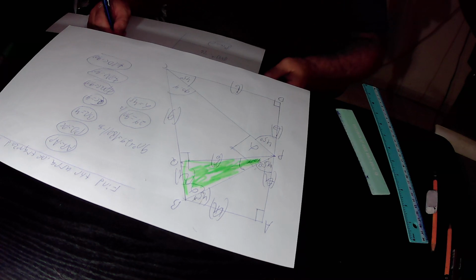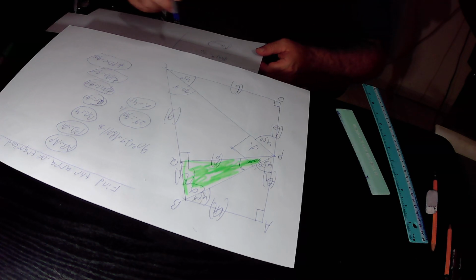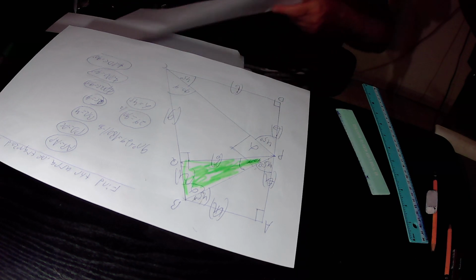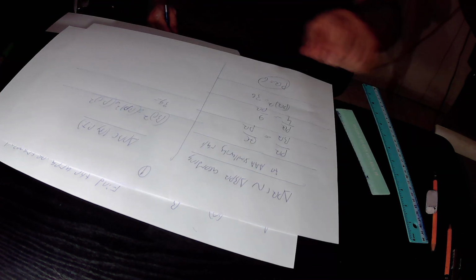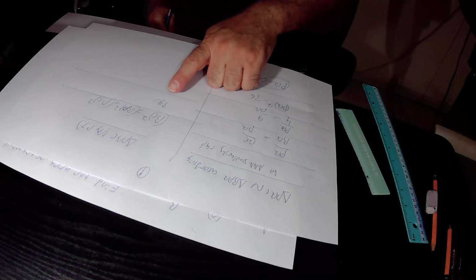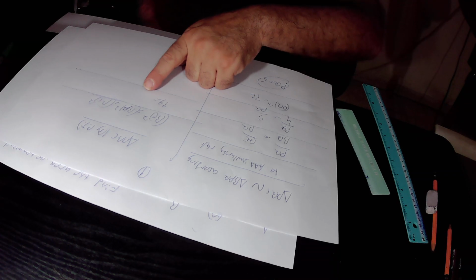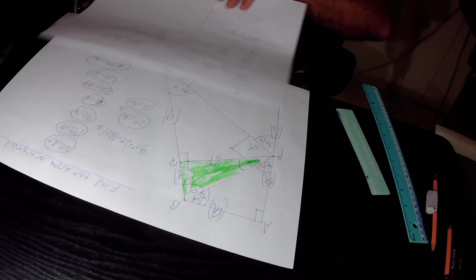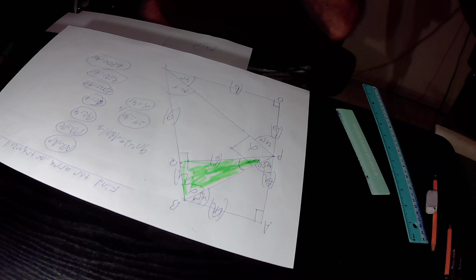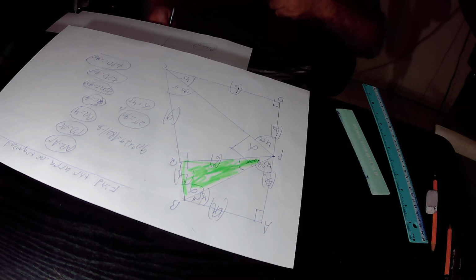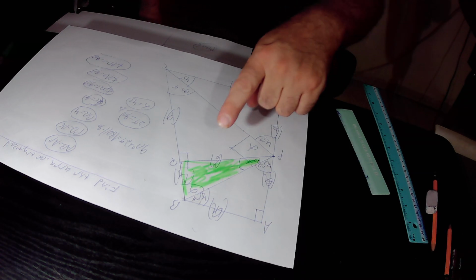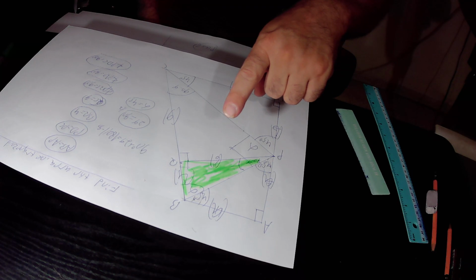And again, according to the Pythagoras theorem, on the big right triangle PBC, BC square, that is the square of the hypotenuse, equals BP square plus PC square. So BC square equals BP square.